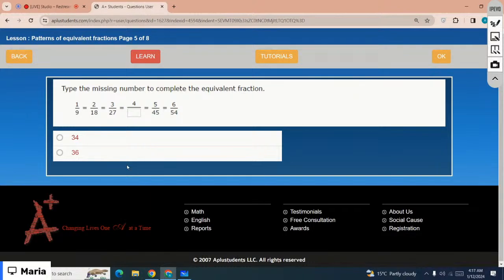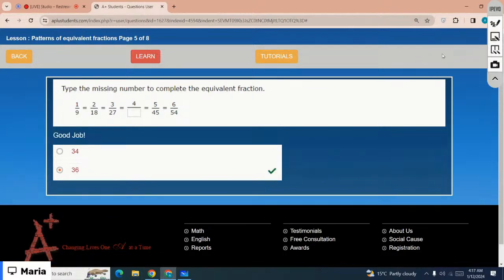You need to multiply by 4, so 4 times 9 is 36. The correct option is 36.